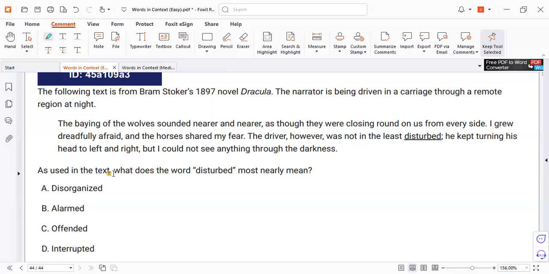Letter B, sure. No, wait. It says I grew dreadfully afraid. However, the driver was not in the least disturbed. It means he was not alarmed, but the passenger was. So letter B is correct.